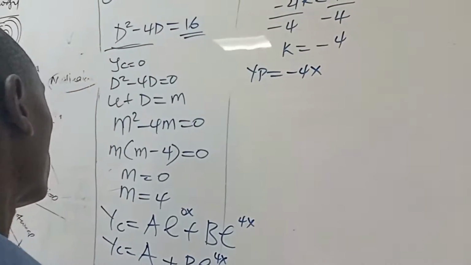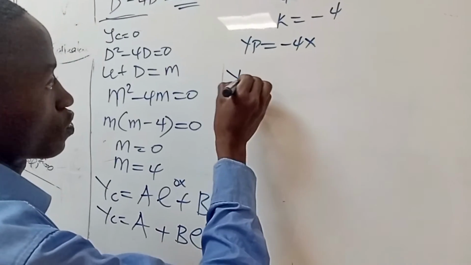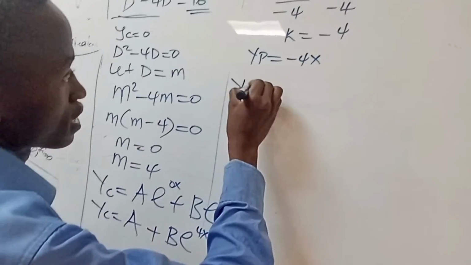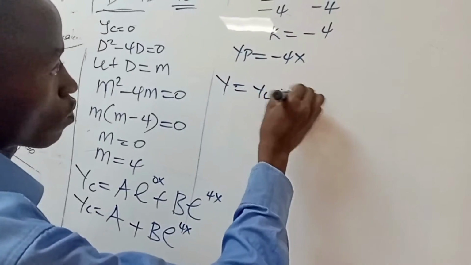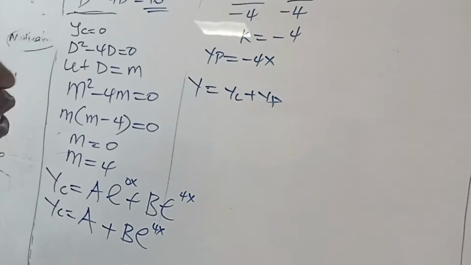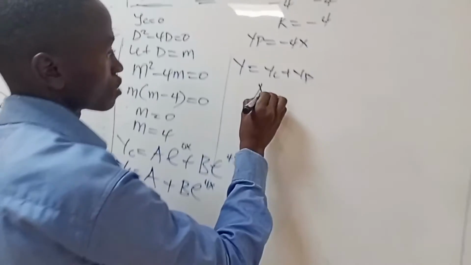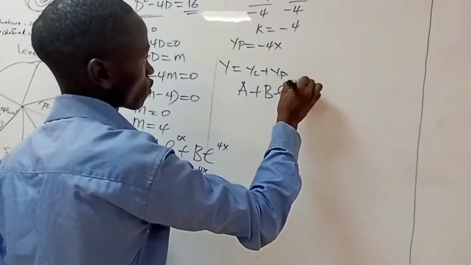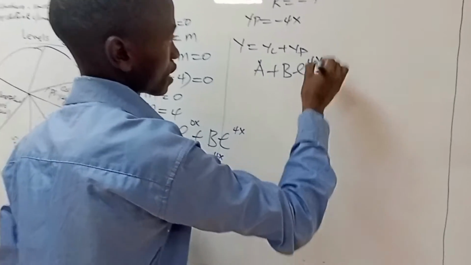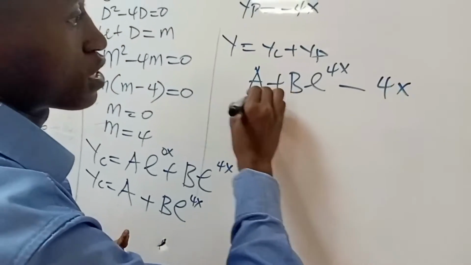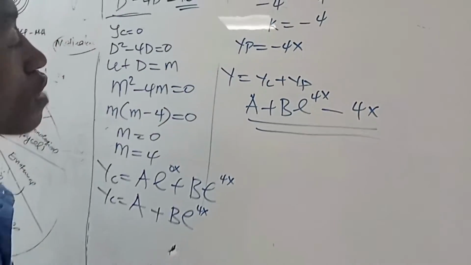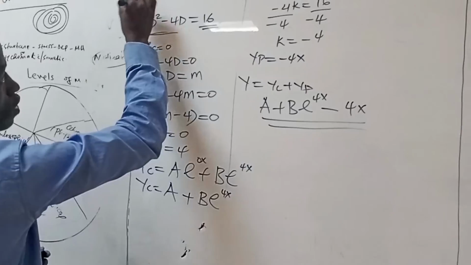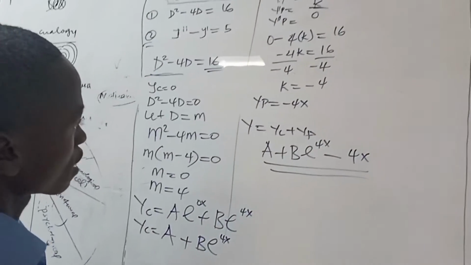Then this one now you combine, since you know your final solution, the general solution, is given by yc plus yp. But your yc you already had, it was a plus b e to the power 4x, minus 4x, and this is the final answer.